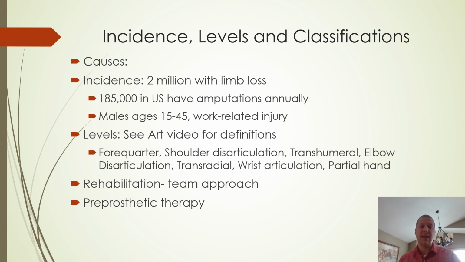At this point, we may try some pre-prosthetic types of therapy, which occur right after surgery, and it sort of takes them step by step to prepare them for a more useful, more functional prosthetic.